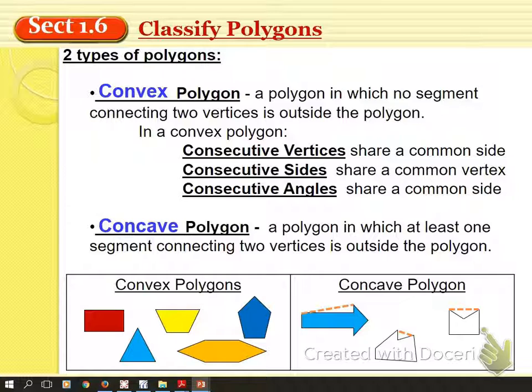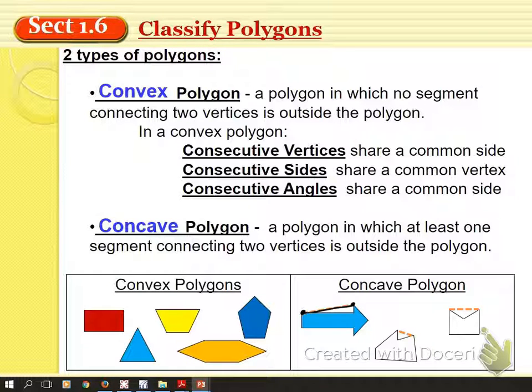Okay? If you take a segment and connect it from, say, this vertex to this vertex, that travels outside the polygon. That's concave. Okay, and you see the other ones drawn there with the dotted lines. Another way to look at this is that concave polygons, it looks like some of the sides have caved in, right?